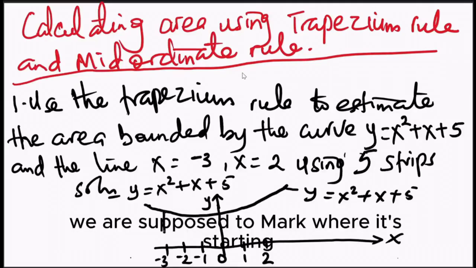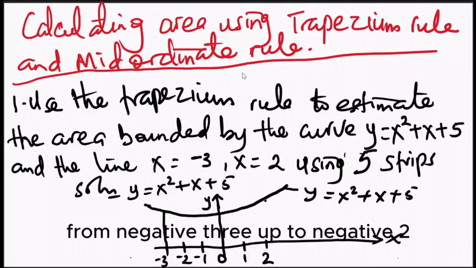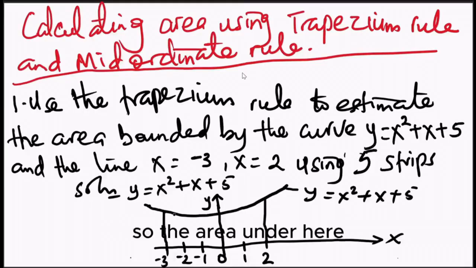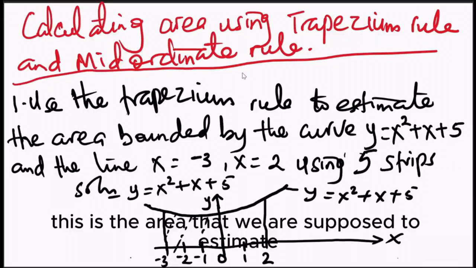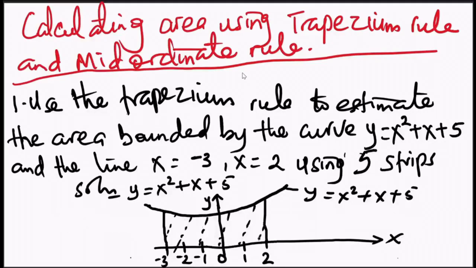We are supposed to mark where it's starting from -3 up to 2. The area under here is the area that we are supposed to estimate using the trapezium rule.